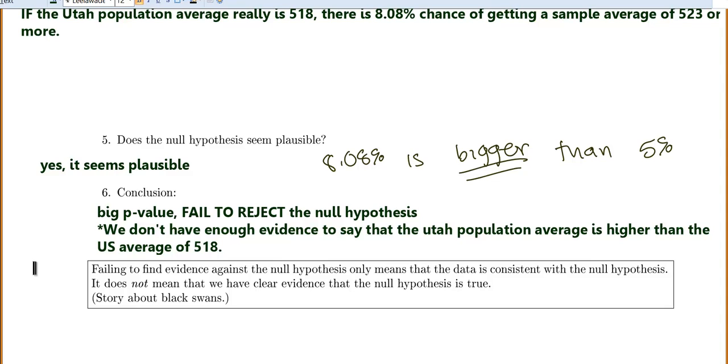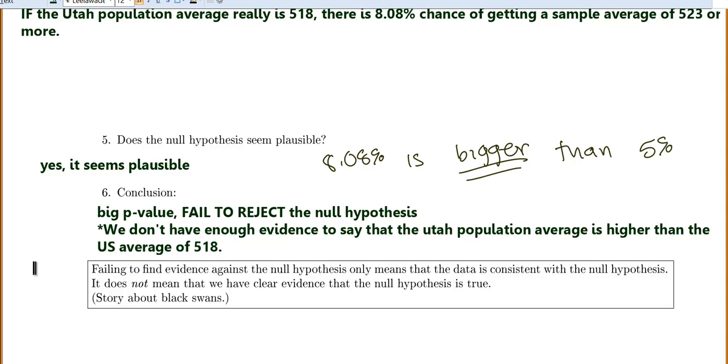So as an example of this, people in England, whenever they would see swans, the swans were always white. And they saw millions of white swans, and they believed that all swans were white. However, when they went to Australia in, I think, the 1600s, they found black swans. And all it took was one black swan to disprove their theory they'd had for hundreds, if not thousands of years, that all swans were white.